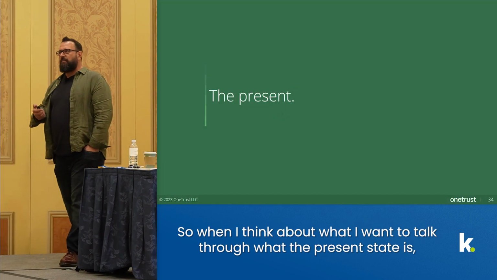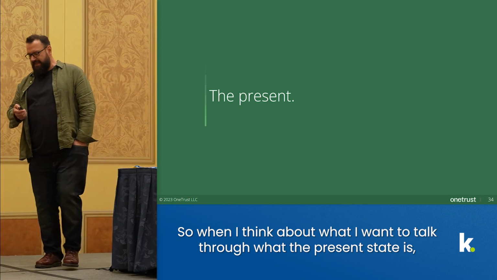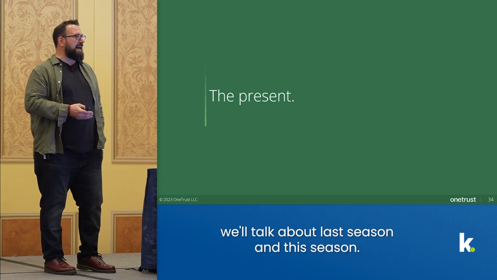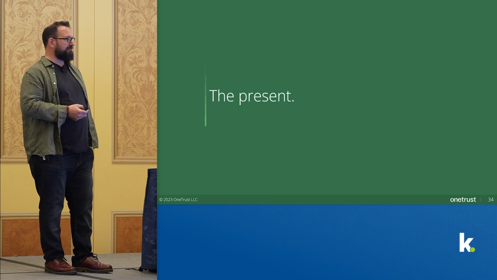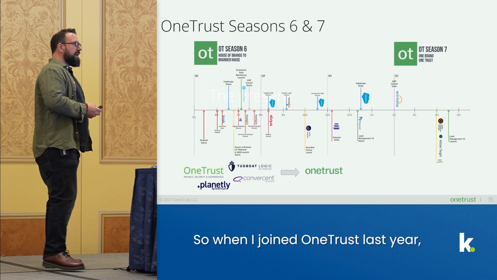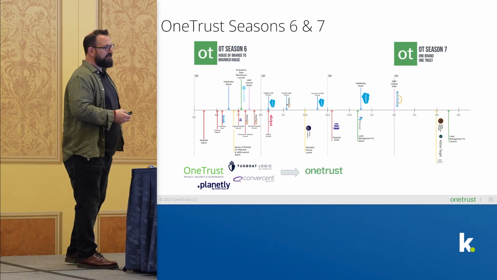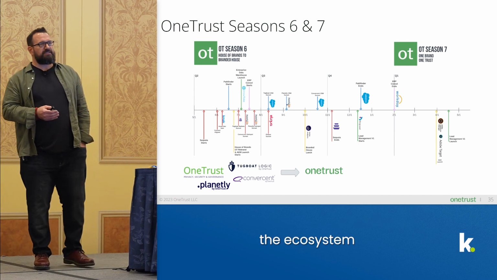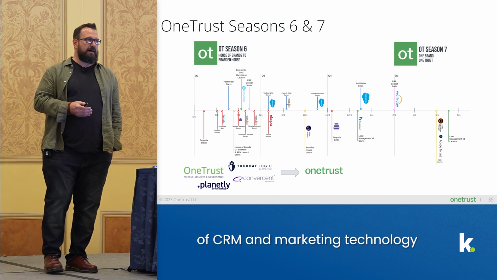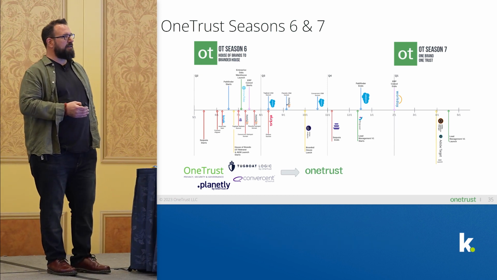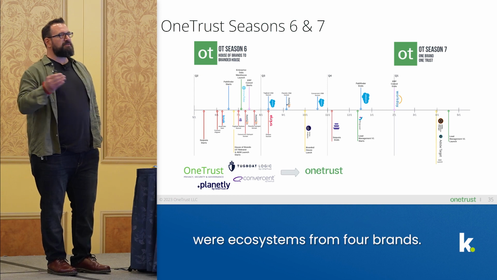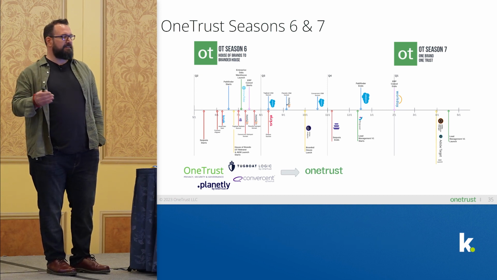So when I want to talk through what the present state is, we'll talk about last season and this season. When I joined OneTrust last year, the ecosystem of CRM and marketing technology were ecosystems from 4 brands.